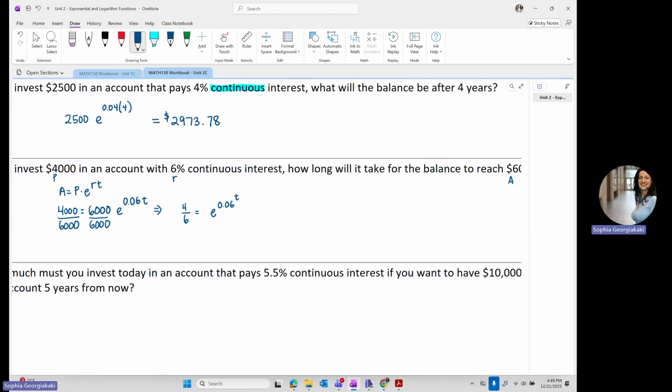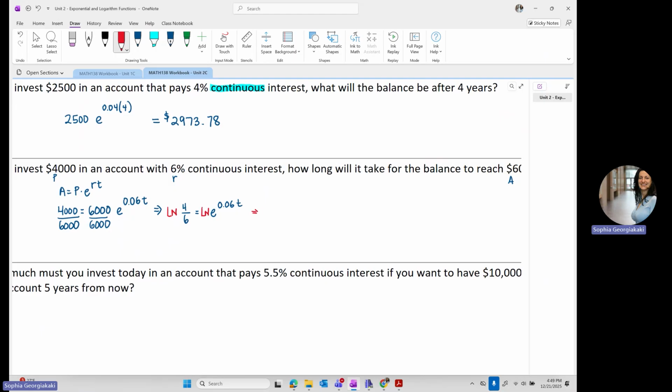And then I'm going to take logs of both sides, or I will write it in logarithmic form. So let's take a ln of both sides, even though writing it in logarithmic form will imply a base of e.